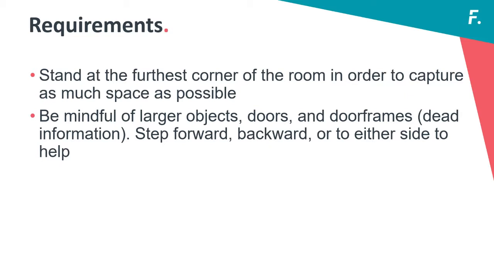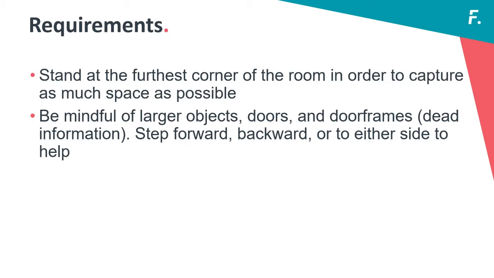Now, using that rule, it's not always possible to stand at the furthest corner. And if you are standing at the furthest corner, it might not be the best view. Sometimes you will have things in the way that are large and bulky and will be in the foreground, rendering a lot of the image with dead information.